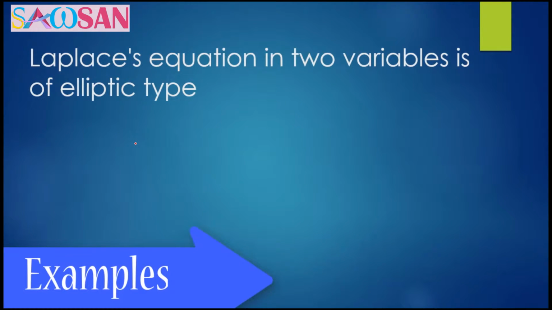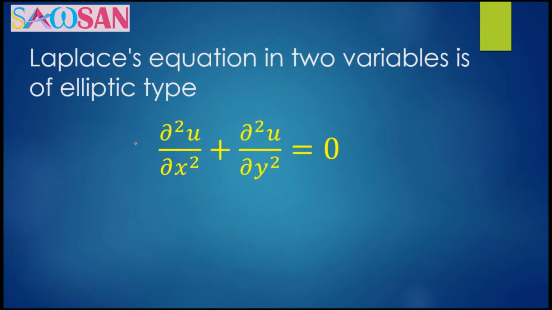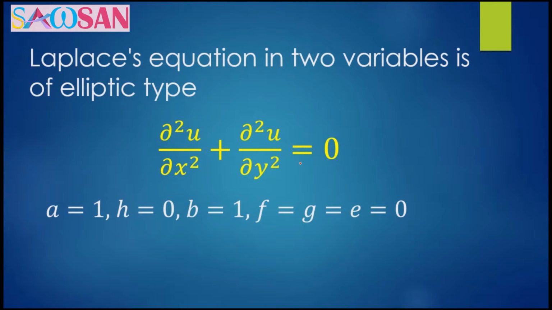Laplace's equation in two variables is of elliptic type. Laplace's equation in two variables is of the form ∂²u/∂x² + ∂²u/∂y² = 0.